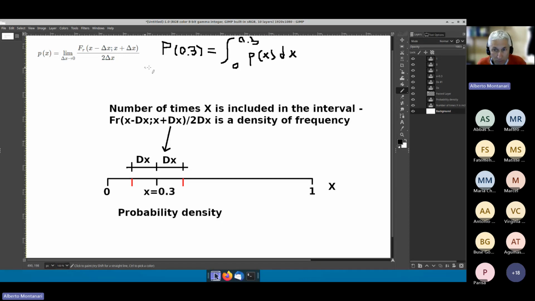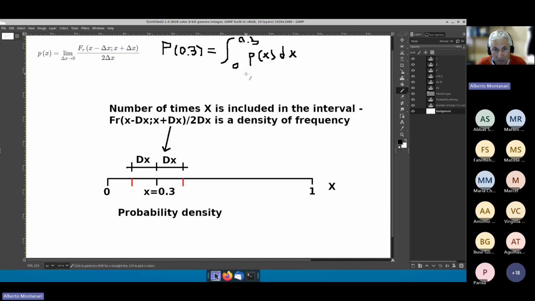Because look at how lowercase p(x) is defined. If you compute the integral, basically, forget the limit for now. Basically, you take the probability density, which is obtained by a frequency divided by the length of the interval. You multiply the probability density by the length of the interval, and then you get the frequency.